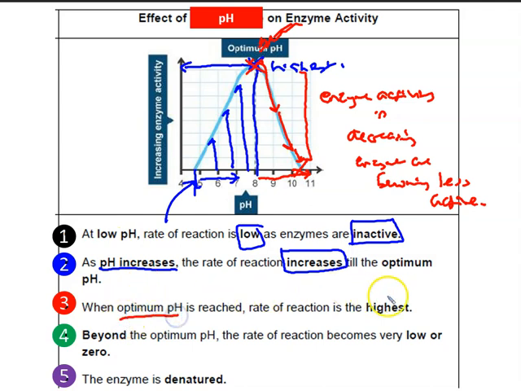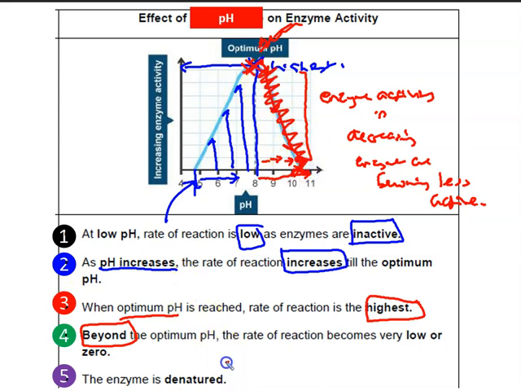When the optimum pH is reached, we say that the rate of reaction is the highest. Beyond, meaning after that, what happens after pH 8? What happens after pH 9, pH 10? You notice that the rate of reaction becomes lower and is decreasing until it reaches 0. Why does this take place?